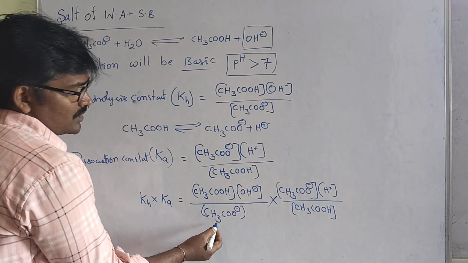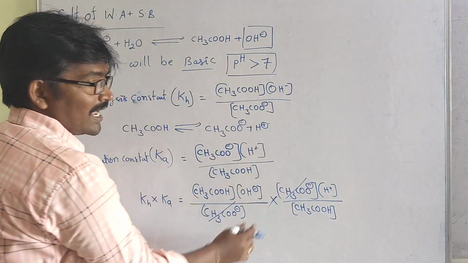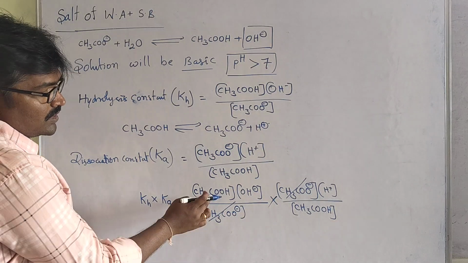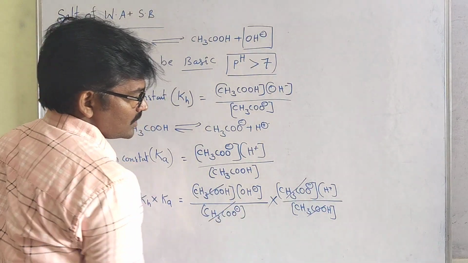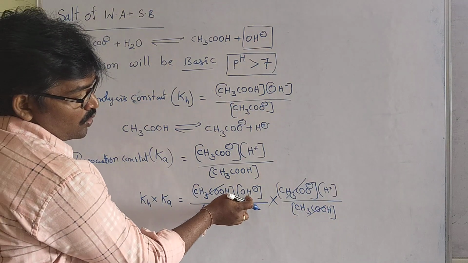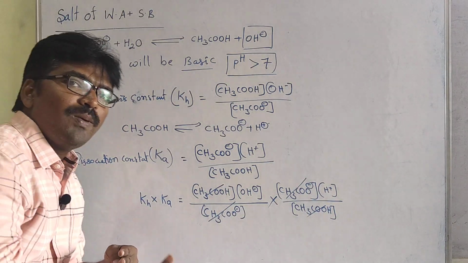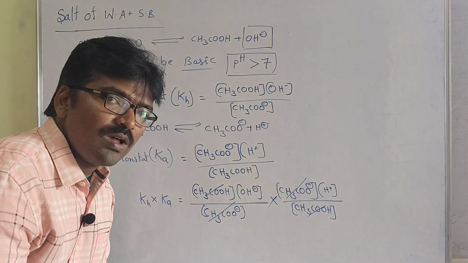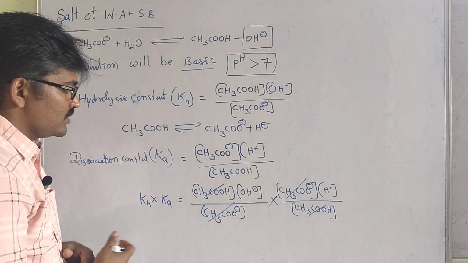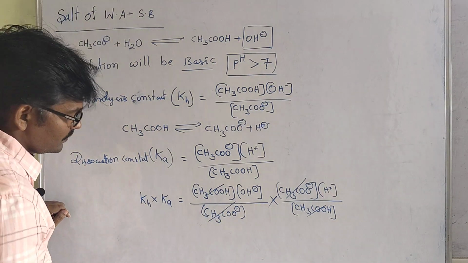Look, CH3COO minus will cancel with each other, then CH3COOH cancel with each other. Finally, OH minus ion concentration and H plus ion concentration. Remember, H plus and OH minus ion concentration is equal to Kw, right? That is the ionic product of water.